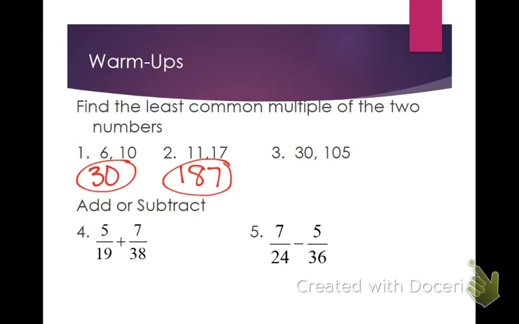Now on number 3, we definitely don't need to multiply them together to get a common multiple. Anybody find it? I think we can do a smaller one. 30. No, we can't do 30 because what's the first number on the list for 105? 105 is going to be the first number on that list, so it definitely can't be smaller than that.